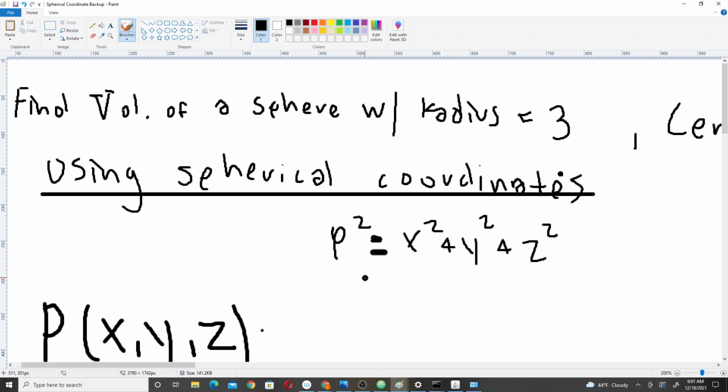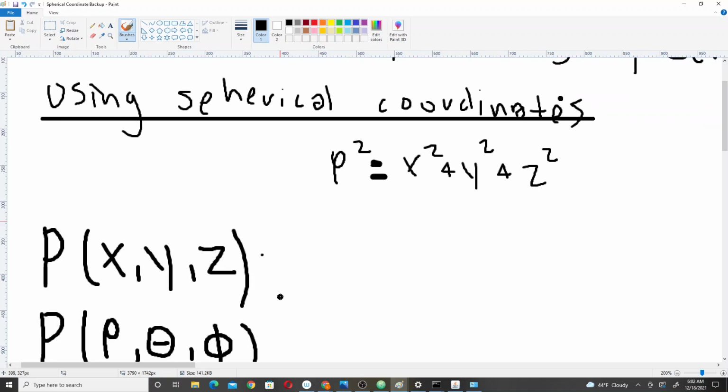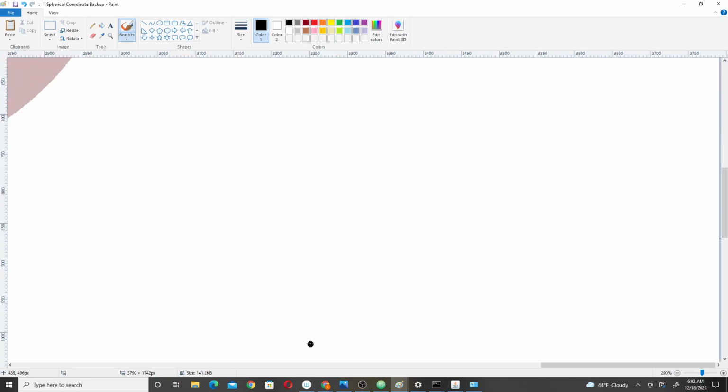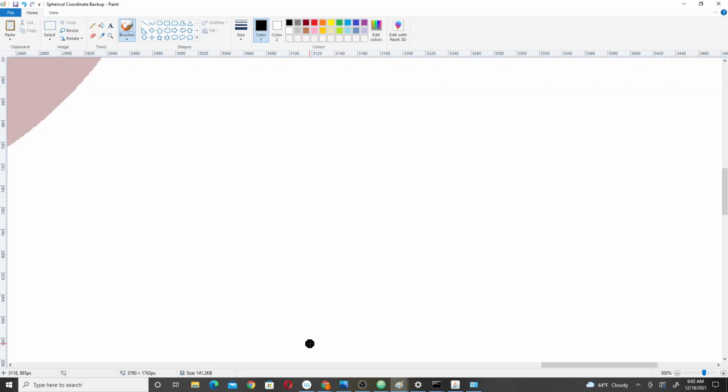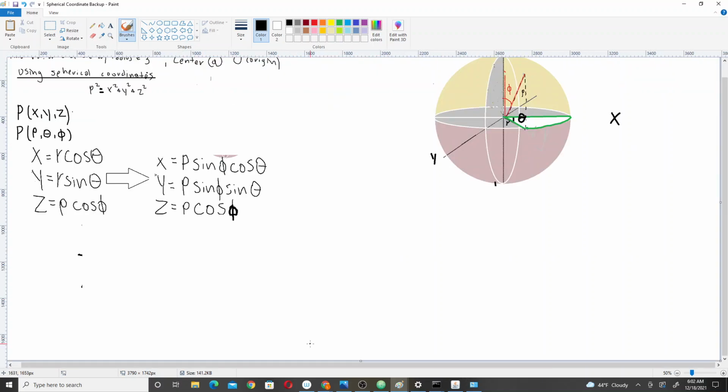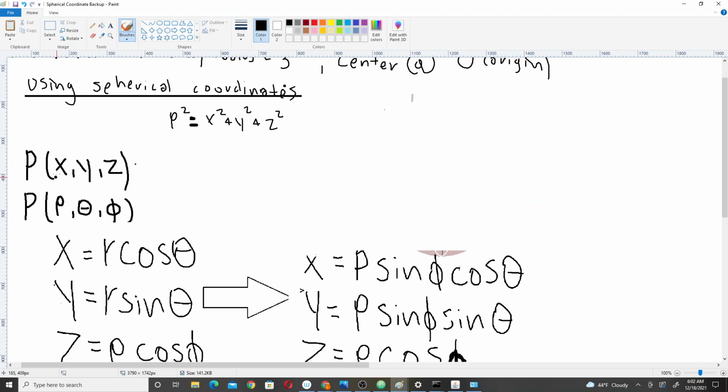That's the same thing as r squared is equal to x squared plus y squared for a circle. We know when you plot something in Cartesian coordinates, we use x, y, z.